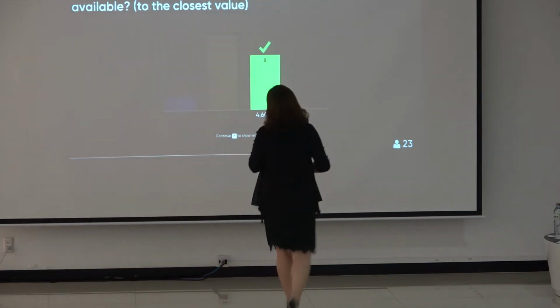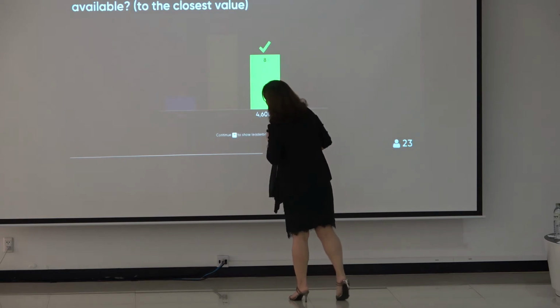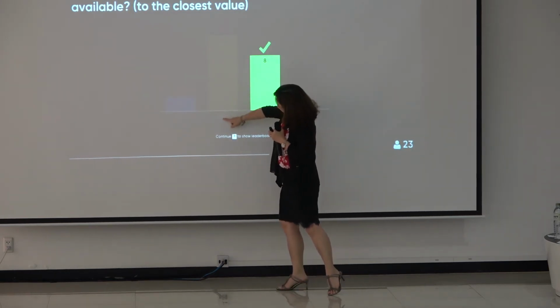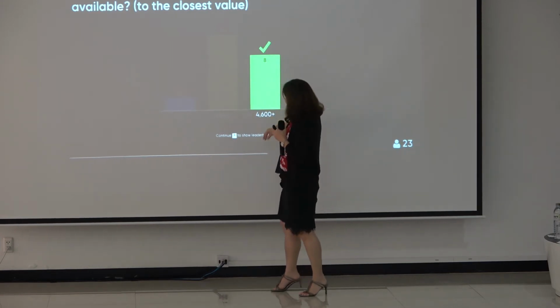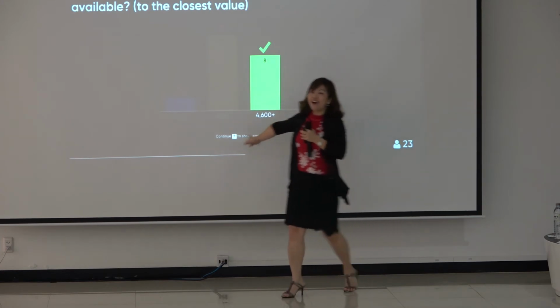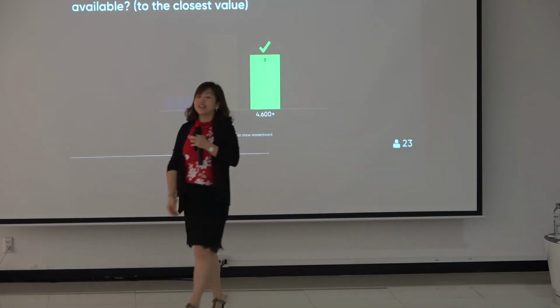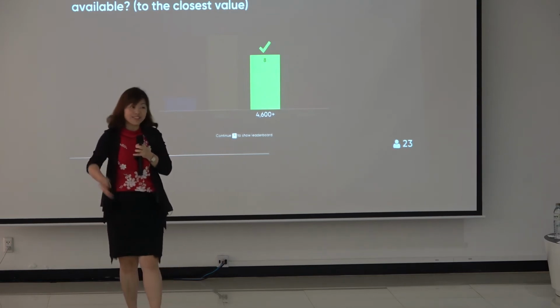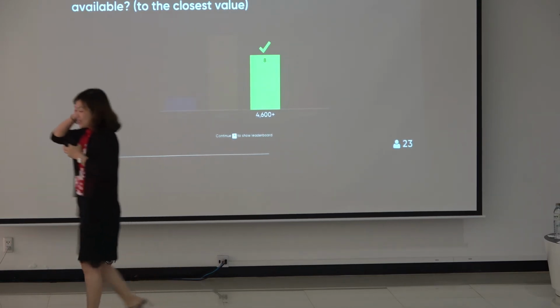Of course, there are some of you choosing 460, the majority of you. But this is the correct one. Currently, there are more than 4,600 cryptocurrencies available. But of course, not all of them are used by everyone, right?